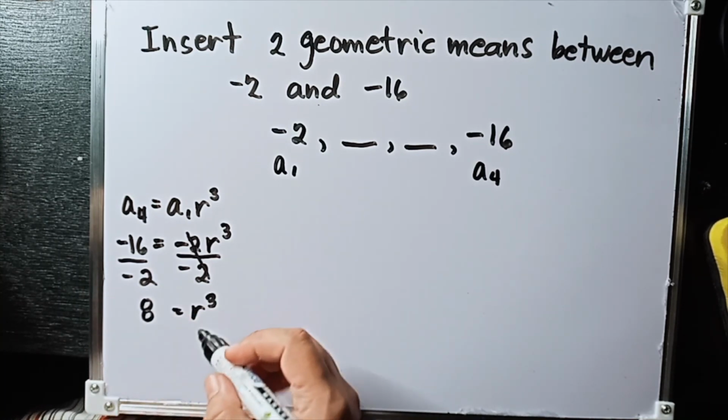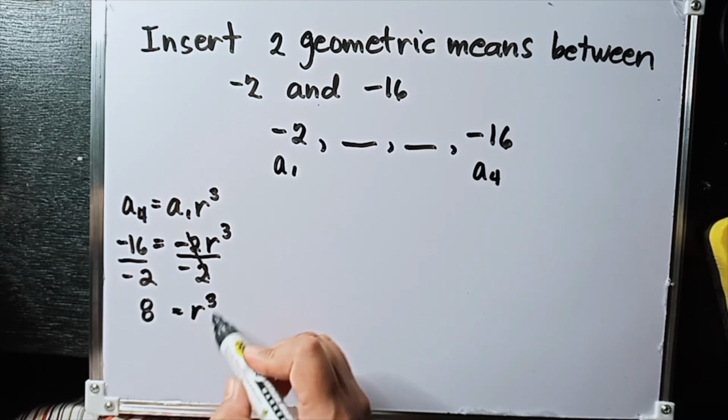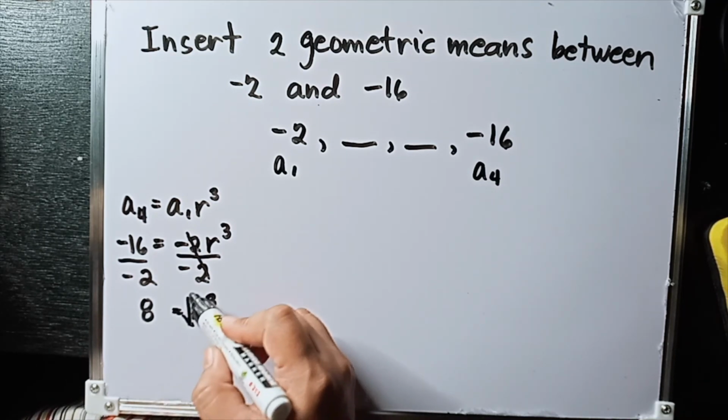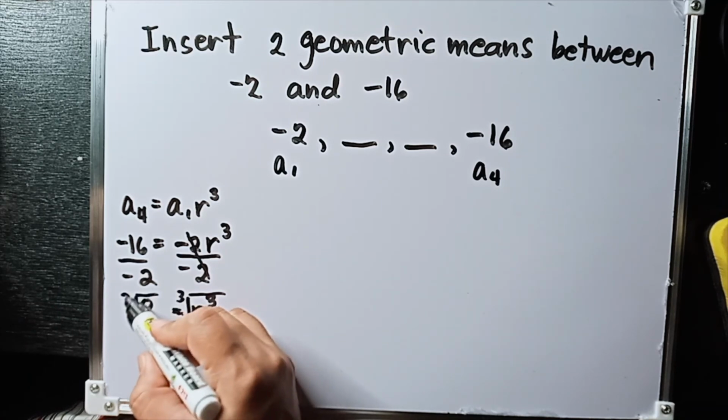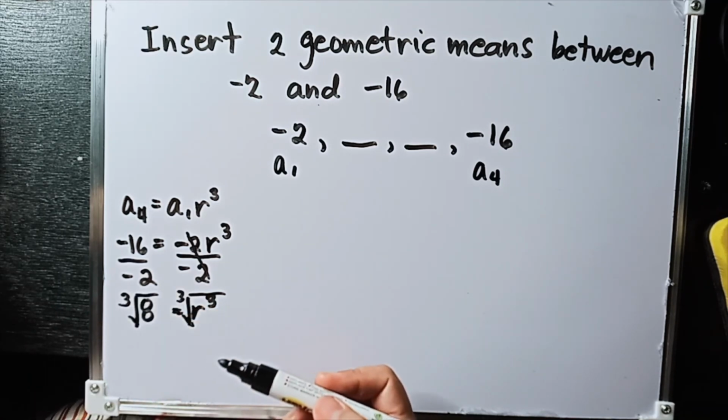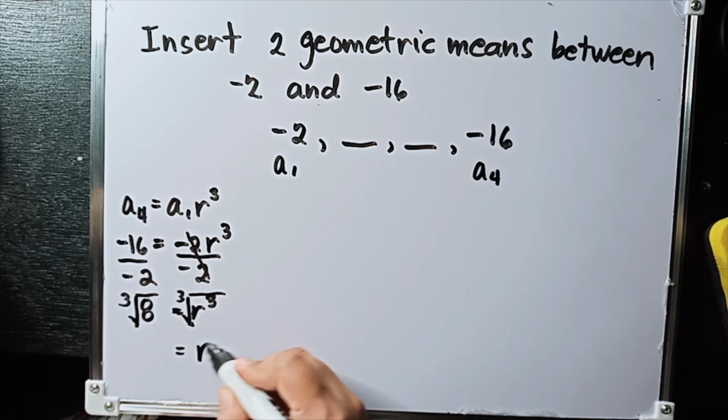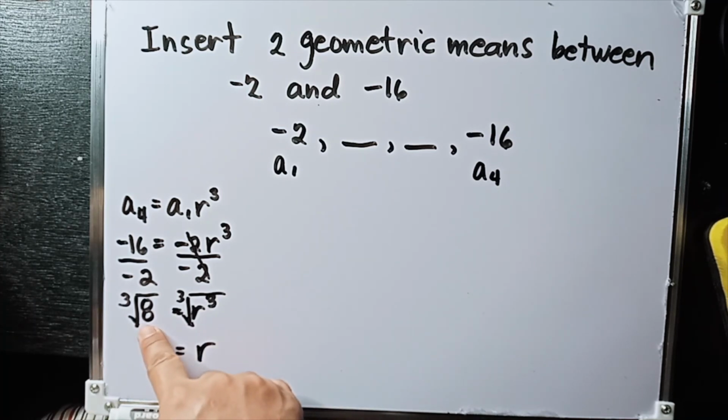So how are we going to solve for the value of r? To get rid of the cube, we need the cube root. Getting the cube root means that we are going to think of a number that if multiplied by itself 3 times, it would result in 8.